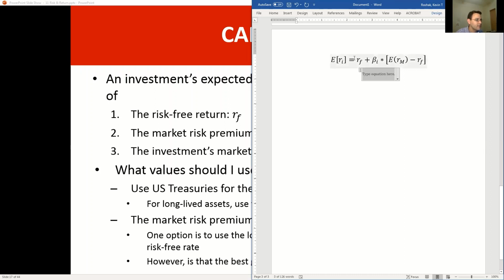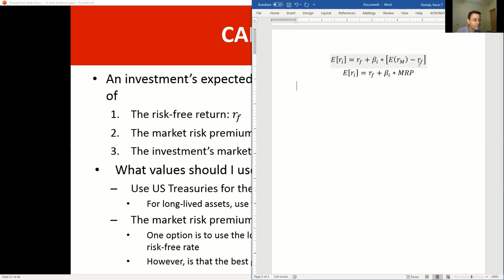Another way to say this, the expected return on I is the risk-free rate plus beta times the market risk premium. That's this whole term here. It's the premium that you get over the risk-free rate by investing in the market.